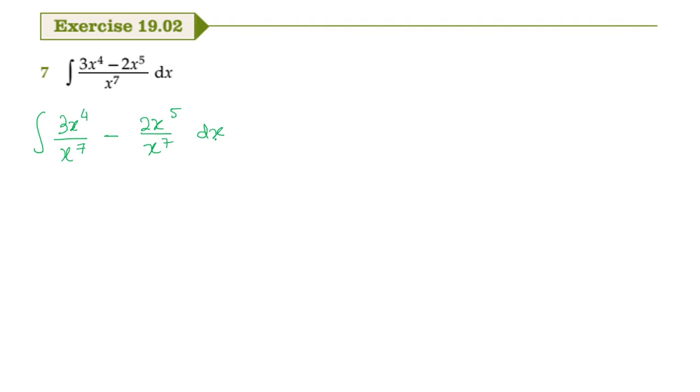Okay, this is the only method, unless, for example, let's say you have a over b plus c. This is not equal to a over b plus a over c. This is totally wrong, totally wrong.